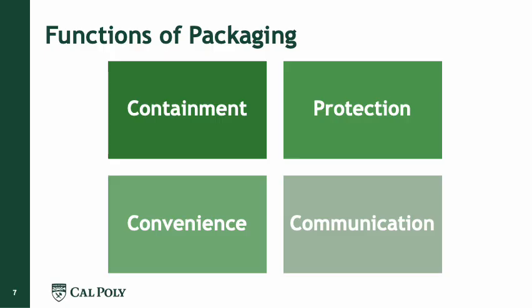And it's the link between the manufacturer and the consumer. So communication is a very important part of food packaging in particular. And it's related with other disciplines, not just food science or food processing, but also marketing, graphic design, and packaging technology.